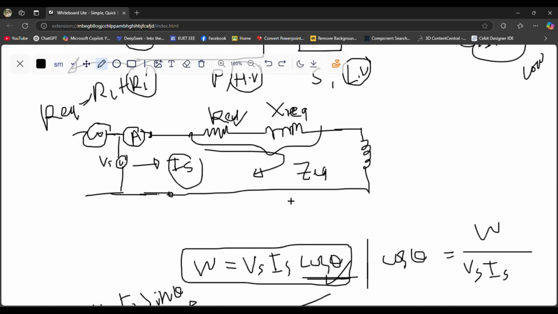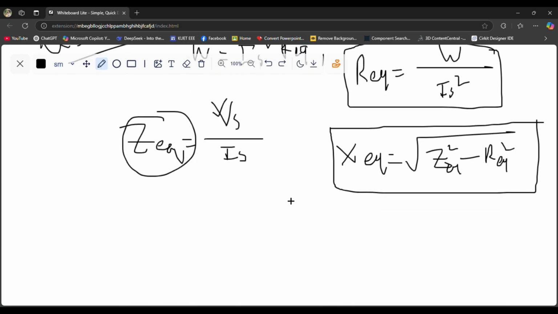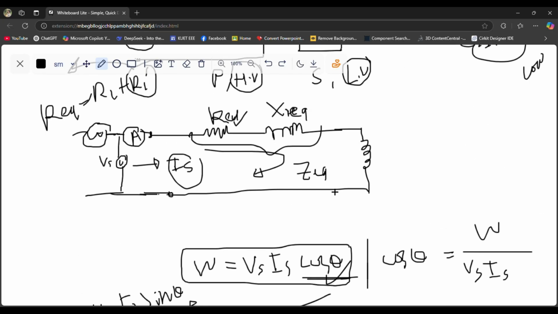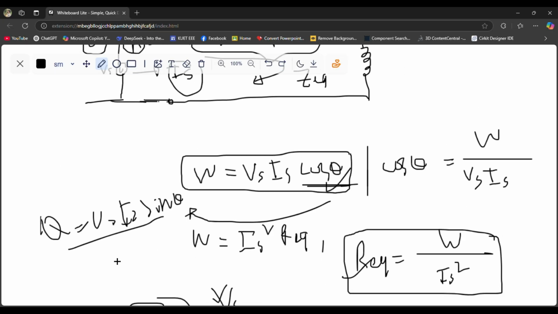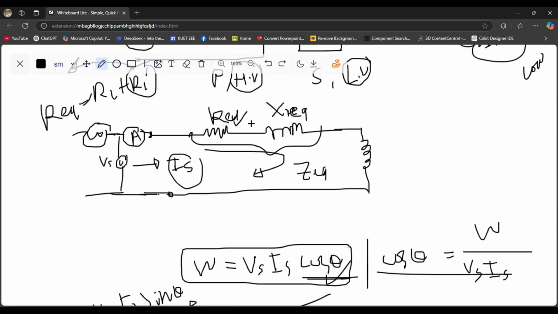We have just got all of the things which we need in the short circuit experiment. We have R equivalent, X equivalent, Z equivalent, real power, reactive power, power factor, and so on. We can also get the voltage drop across R equivalent or X equivalent as well.